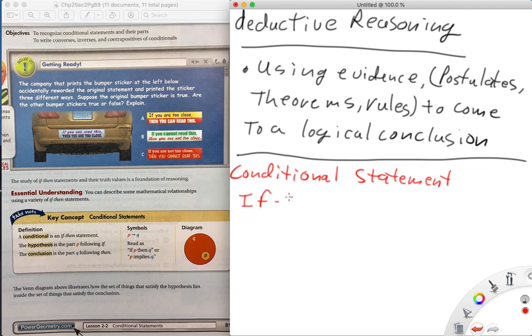It's an if-then statement, and the if-then statement actually has symbols.